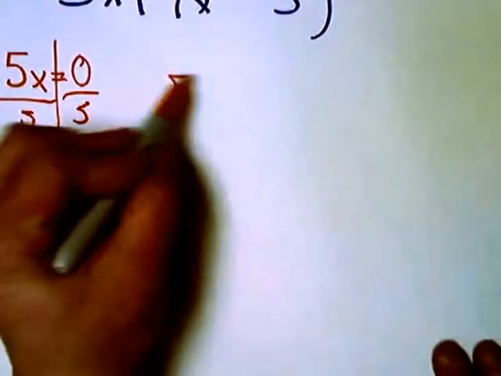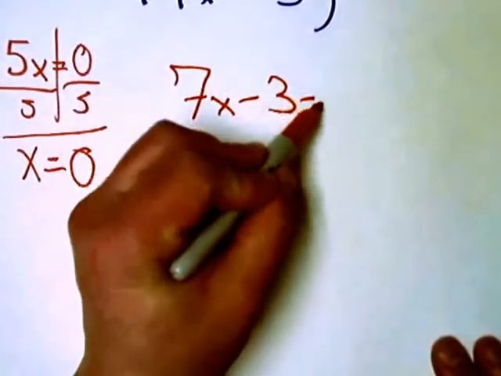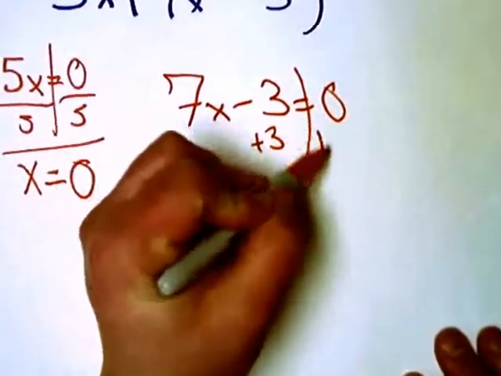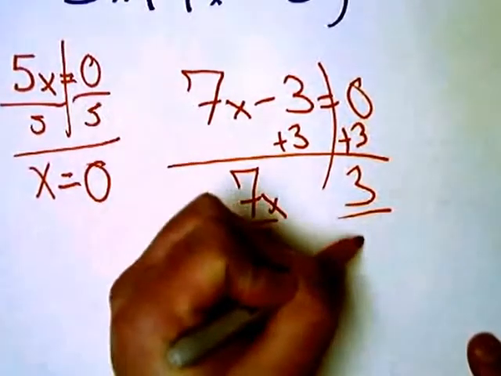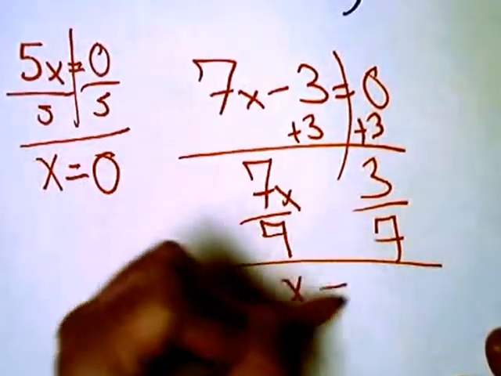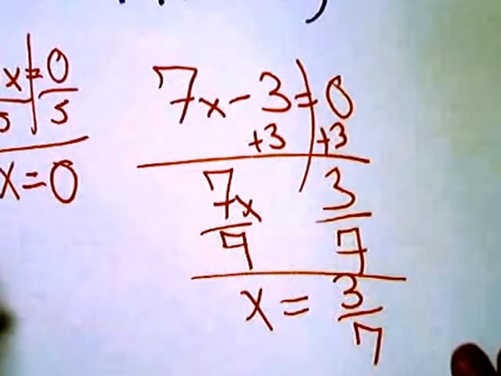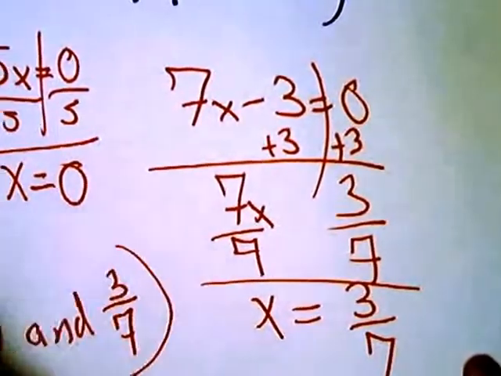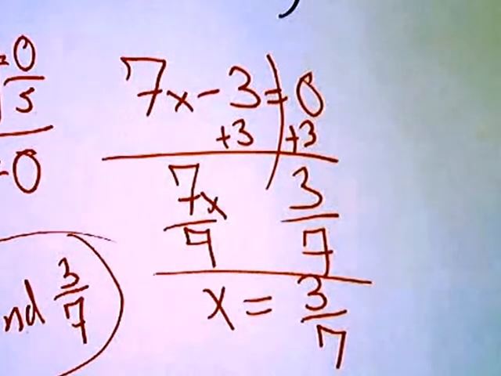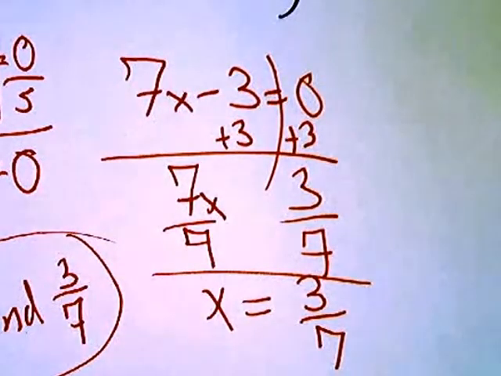It also means it would cross somewhere else because there's another component. X is equal to 3/7, so my answer would be 0 and 3/7. So the big deal is all you want to do is set each factor set equal to 0 and solve.